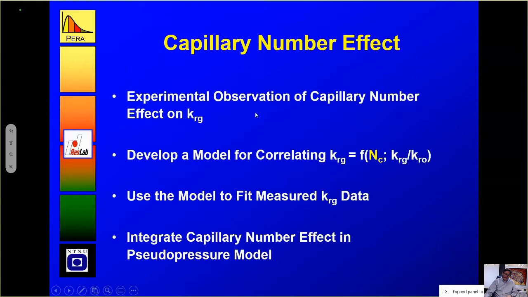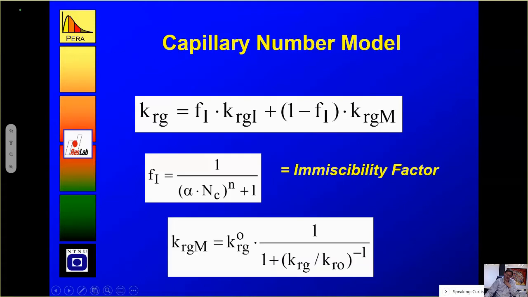Capillary number effect: experimental observation of the capillary number effect, developing the correlation that we talked about, using the model to fit the data and integrating this into the pseudopressure model. So this is the equation that we talked about.